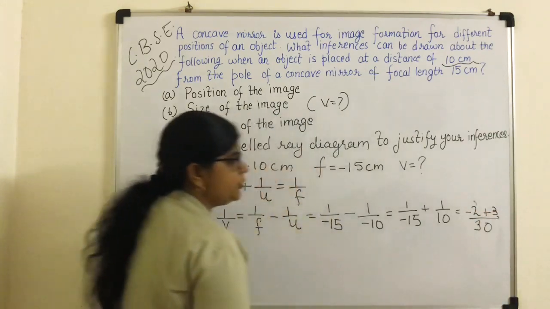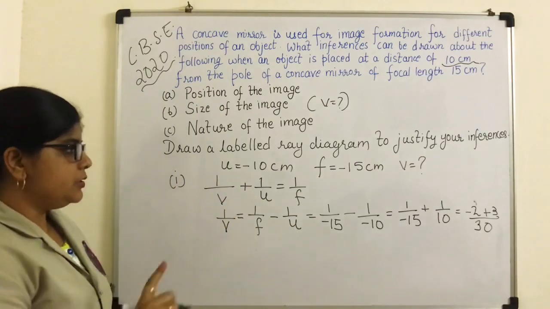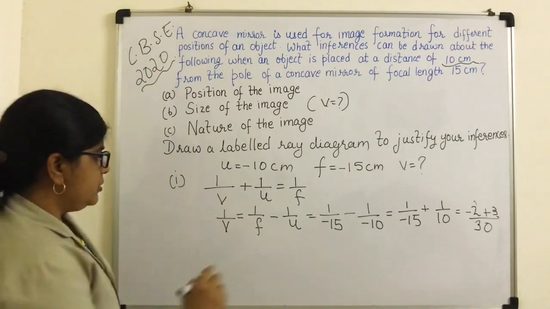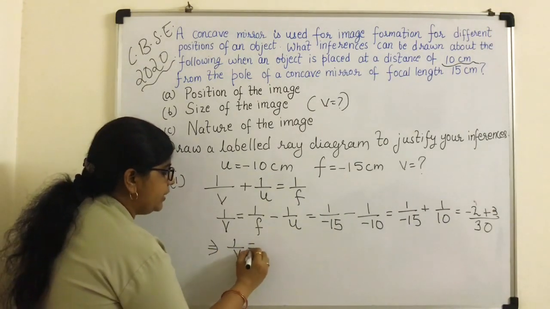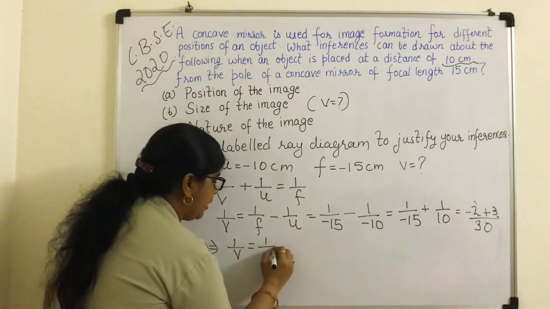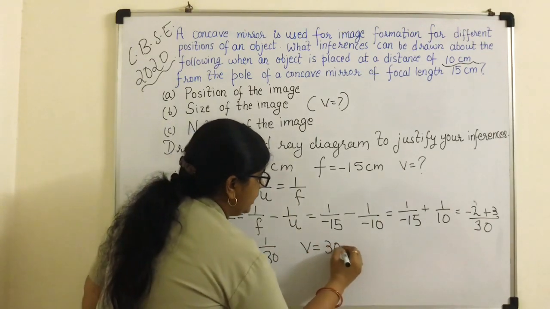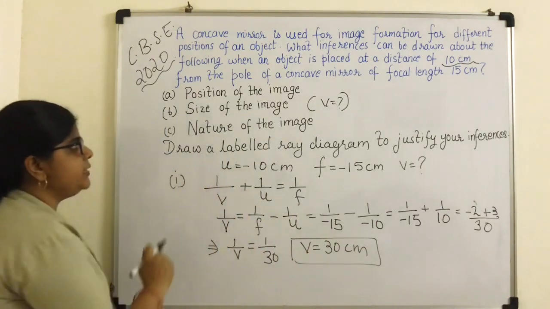All of you can solve simple mathematics. It is minus 2 plus 3, which will give you plus 1. So what we have got is 1 by v is equal to 1 upon 30, or v is equal to 30 centimeter. So this is the solution for the first part.